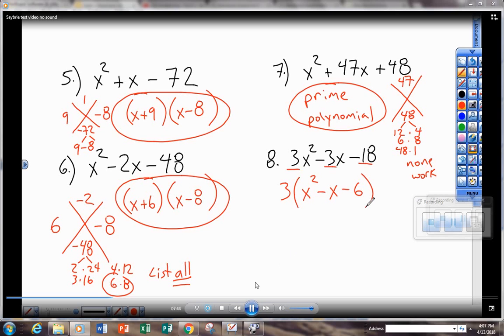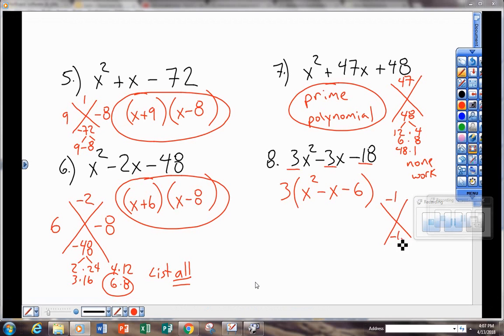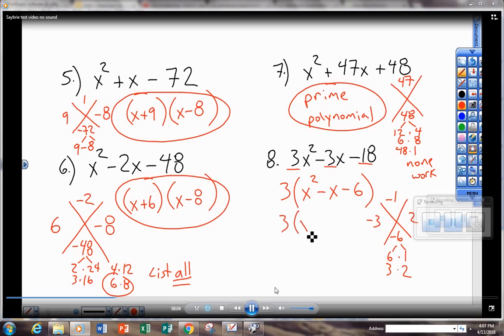So if I make my x method there with negative 1 and negative 6, the pair that works, I believe, is 3 and 2, with 3, I believe, negative and the 2 positive, because negative 3 times 2 is negative 6. Negative 3 plus 2 is negative 1. And then put those in there, x minus 3, x plus 2.